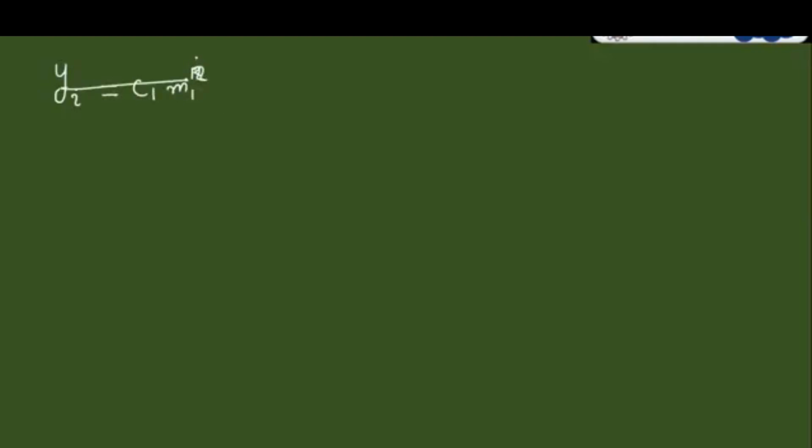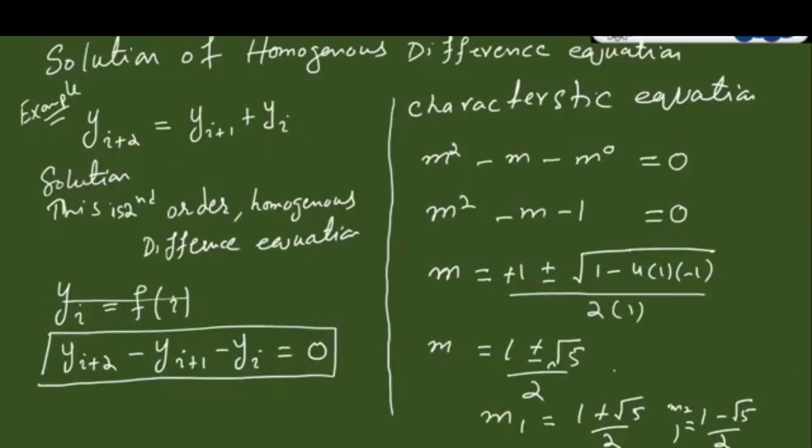Let me write it down again. Y i equals c1, which is a constant that we have to find to get a particular solution, times m1 to the power i, and c2 times m2 to the power i. Similarly, if it is a third order, I will get three roots and continue like c3, c4. We know from the previous slide the values of m1 and m2.